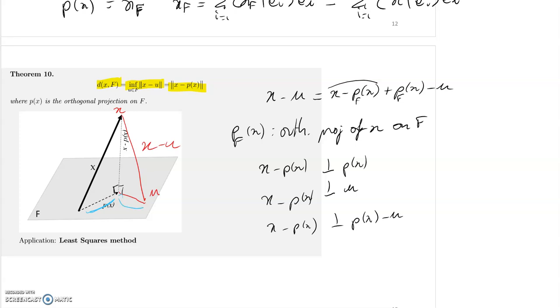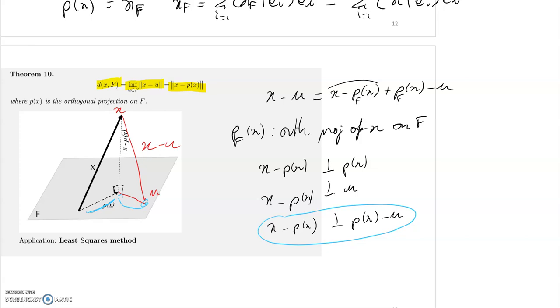Well, u is whatever vector, depending on where the 0 is, anyway.